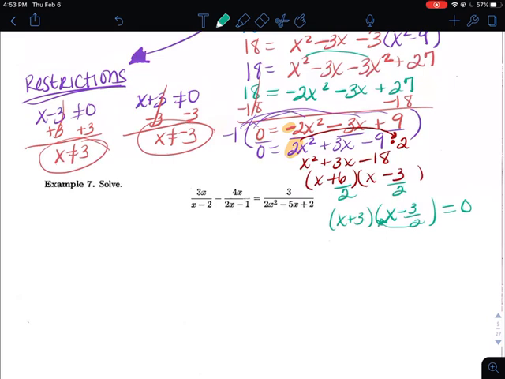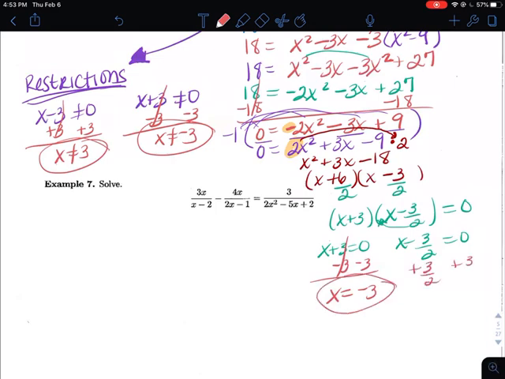But since you're solving, the easiest thing to do is keep it in this form as x plus 3 equals 0 and x minus 3 over 2 equals 0. If you do that, you subtract 3 from both sides. You get x equals negative 3. Here, if I add 3 over 2 to both sides, it's just a one-step equation. It's the opposite. So x equals positive 3 over 2.